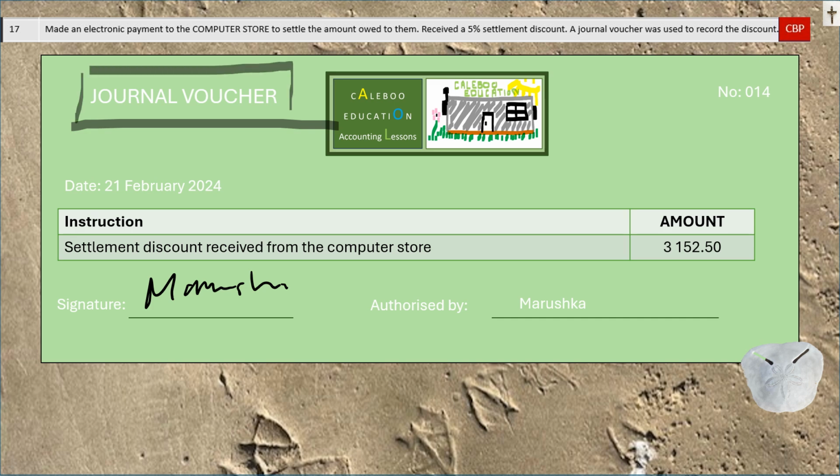So first of all, we need to document the transaction, and we record it on a journal voucher. I'm going to go through every single transaction in the account of the computer store, just showing you the documents that are used to record these transactions.